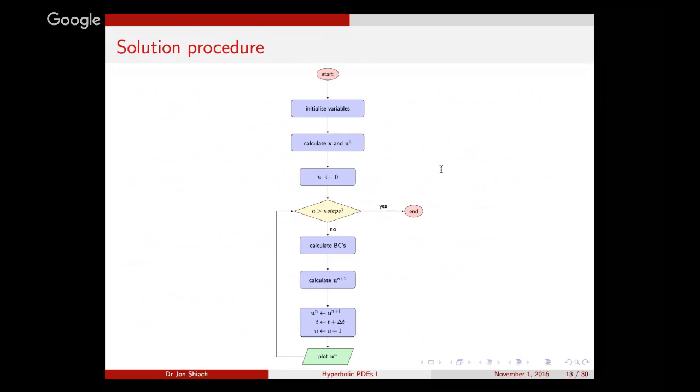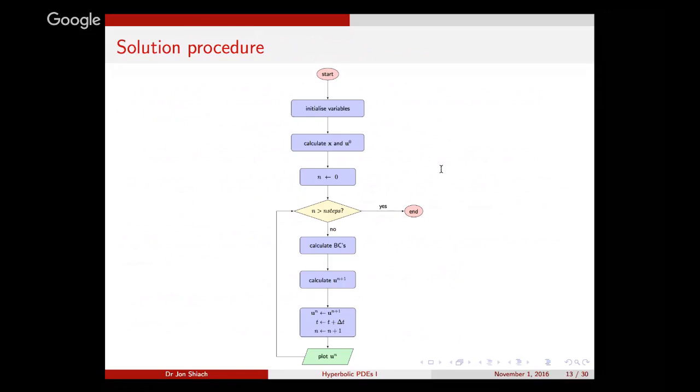And then you loop through your solution method. Whilst n is less than the number of steps, so if we've got to keep going, you calculate your boundary conditions. Remember, we're using transmissive boundaries.